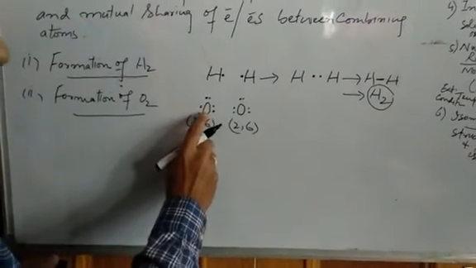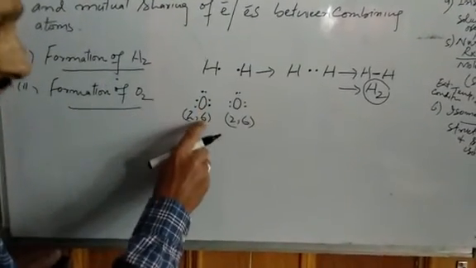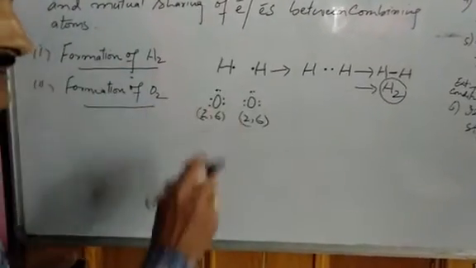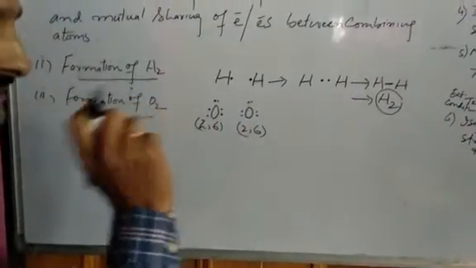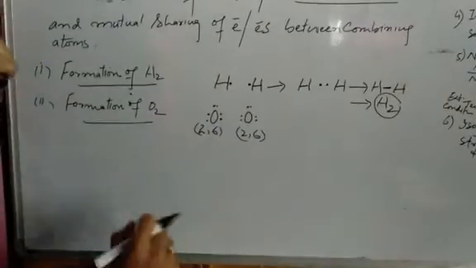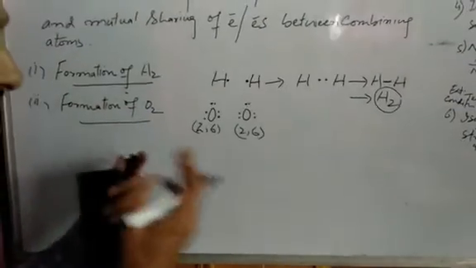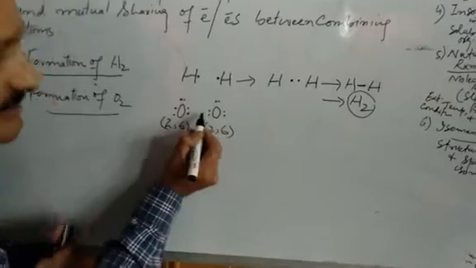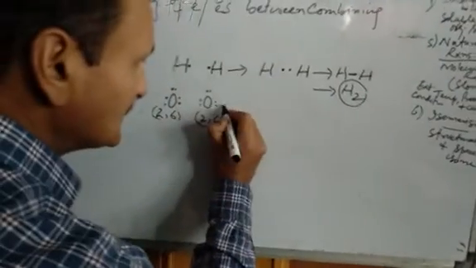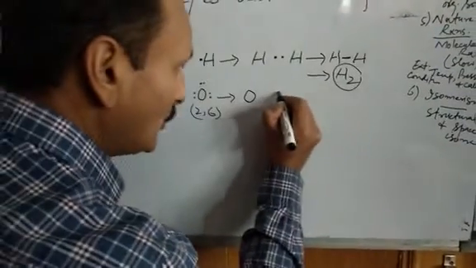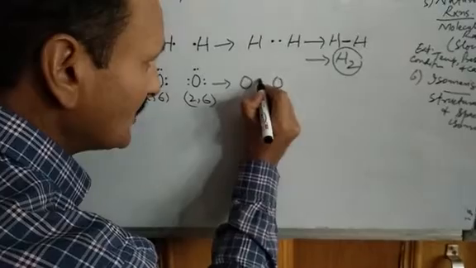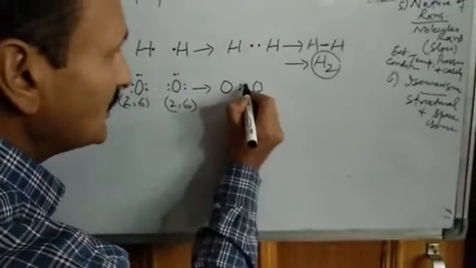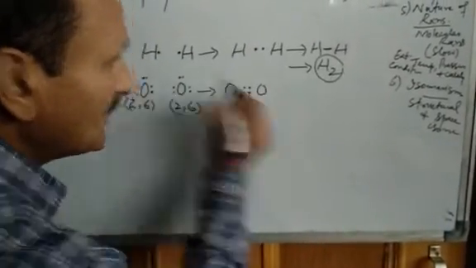This oxygen atom requires 2 more electrons to become stable, so that it gets 8 in the valence shell and acquires the electronic configuration of neon, which has the atomic number 10. Same is the case here. So how will they become stable? Now it will contribute its 2 electrons and the other will also contribute its 2 electrons, like this. These 2 electrons will be contributed by this oxygen atom and these 2 will be contributed by this one.